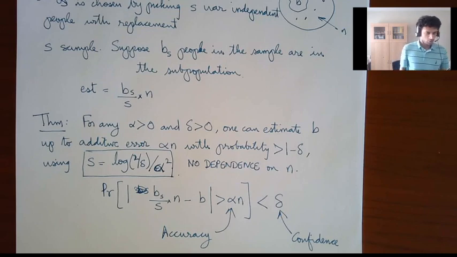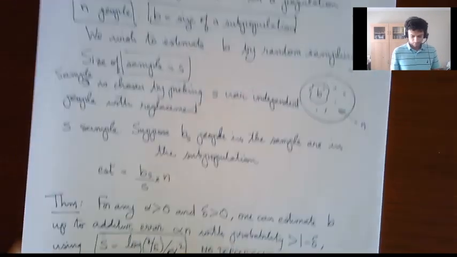Alright, so why don't we actually just do a formal proof of this? It's a direct consequence of the Hoeffding inequality. So let's prove it. We're just going to plug in the Hoeffding bound pretty much as is.